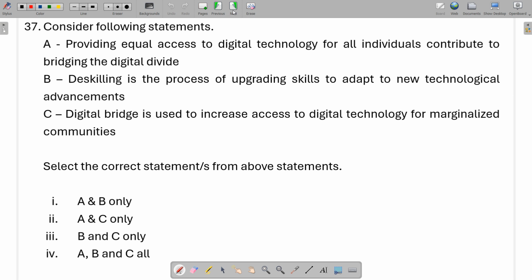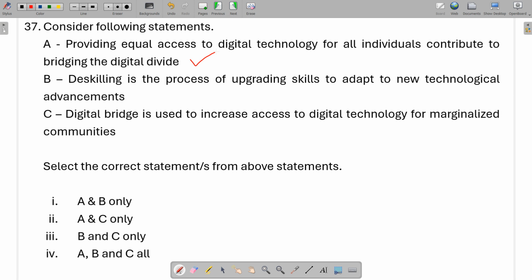To have a digital bridge, we should provide the digital contents, the technology to the people who do not have that. So they will get to know about the digital technology, the computing. Then the gap in between, which is created by the digital divide, will be decreased. So the first one is a correct answer.